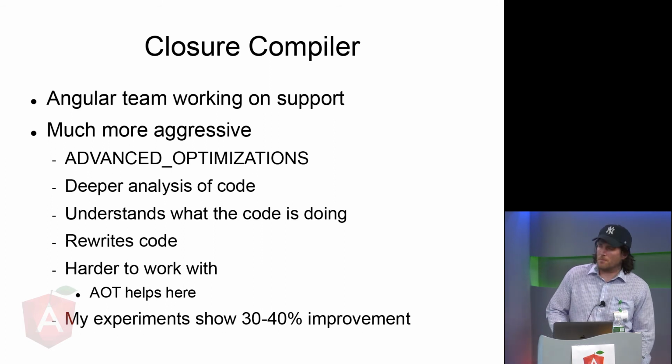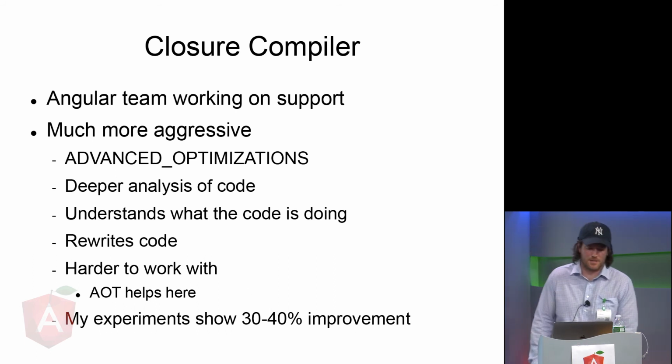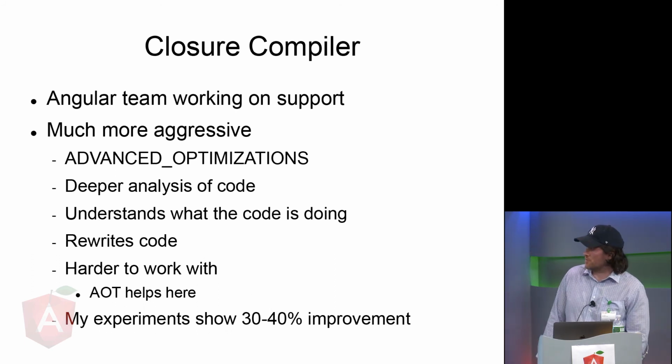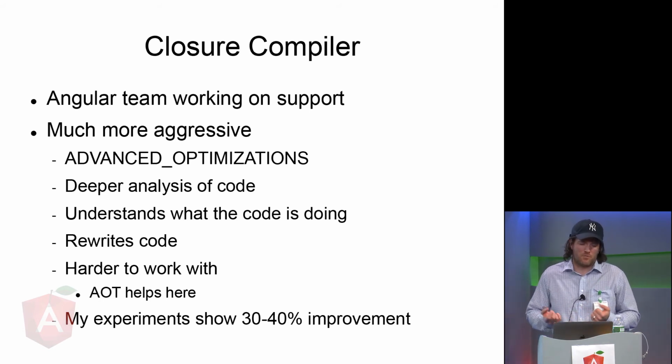Whereas Rollup and Webpack have their ways of optimizing, they don't go as deep as the Closure compiler by far, because the Closure compiler will actually rewrite your code and remove a bunch of code in the process. The downside is, you might ask, if it's so great, why have you never really worked with it?